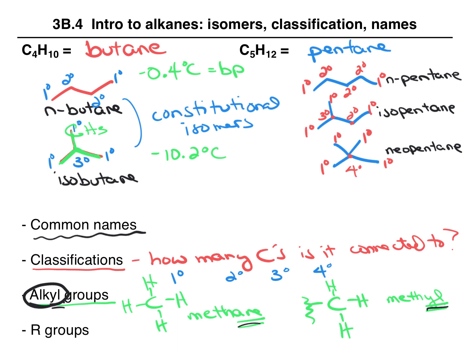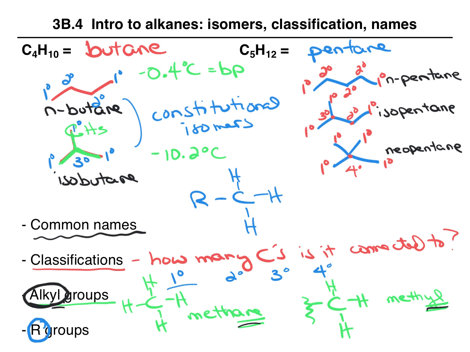And then one other thing to mention before we move on is the idea of R groups. If I was talking about a primary carbon, I could say that I have an R group connected to a carbon that's connected to 3 hydrogens, where R is just a generic part of the molecule.